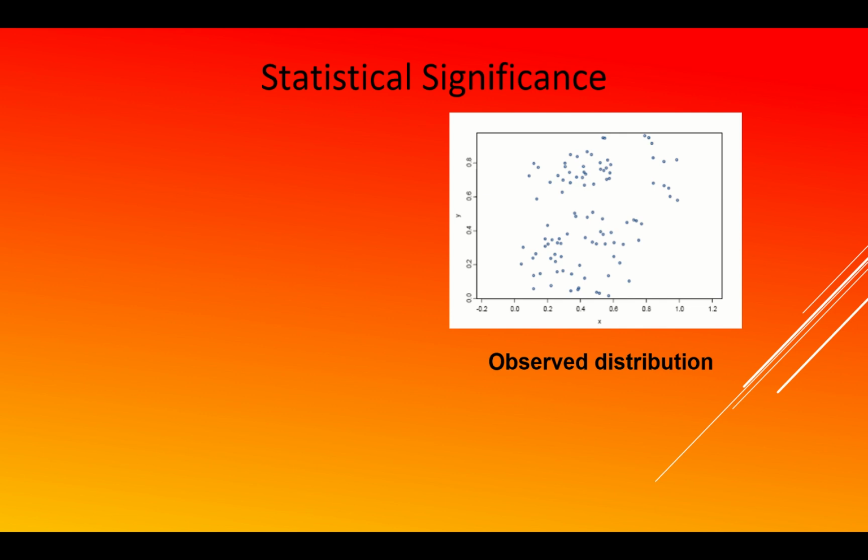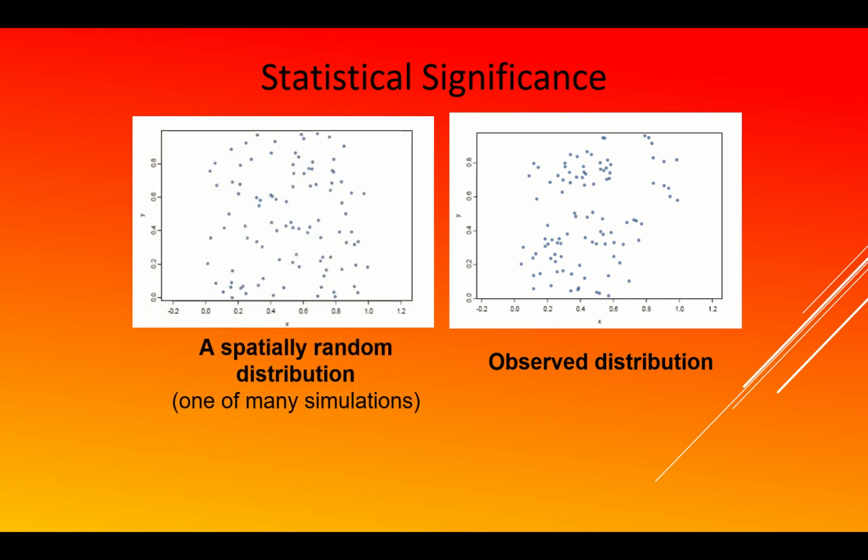The other part of the Moran's I is the p-value. In Moran's I, the way the p-value is generated is that you have an observed distribution, which is your variable for the Nepal shapefile.